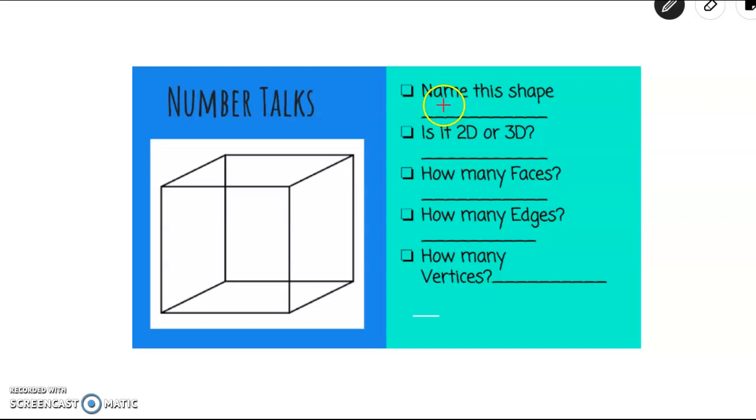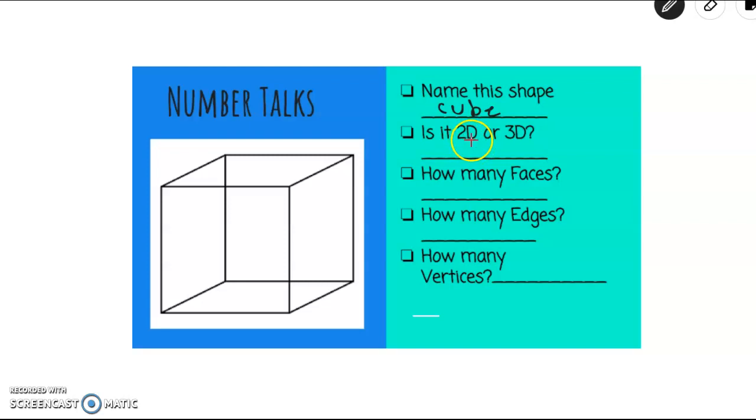Alright, let's name this shape. If you said this shape is a cube, you're absolutely correct. Next, is it 2D or 3D? What do you remember about 2D and 3D?